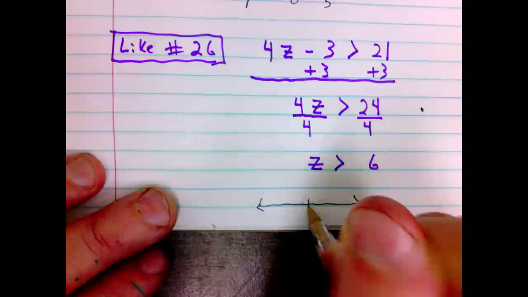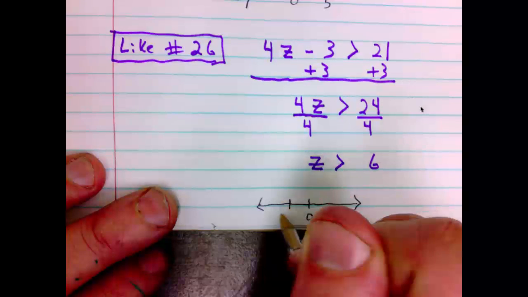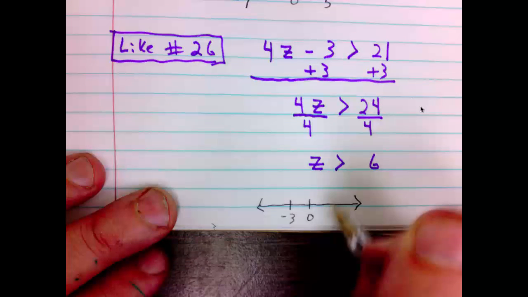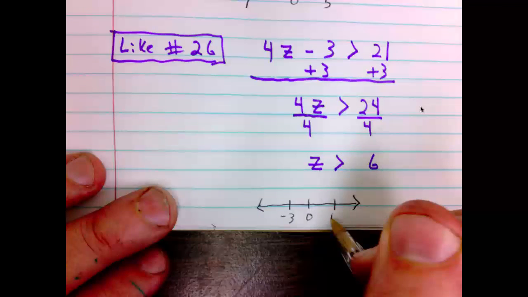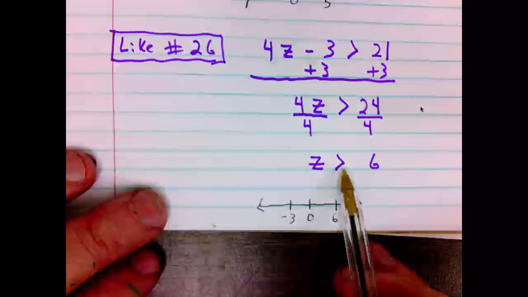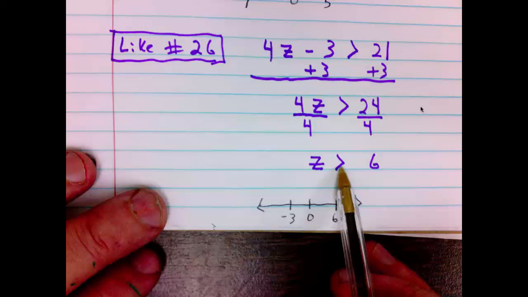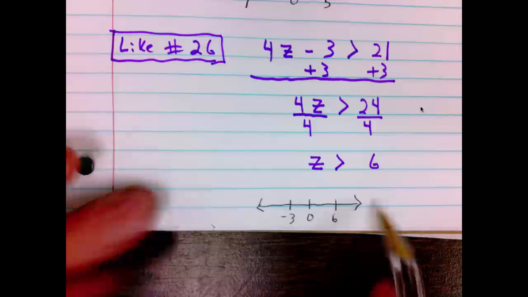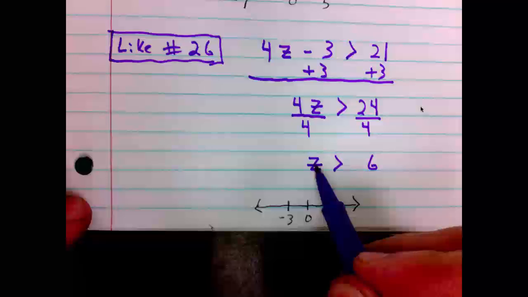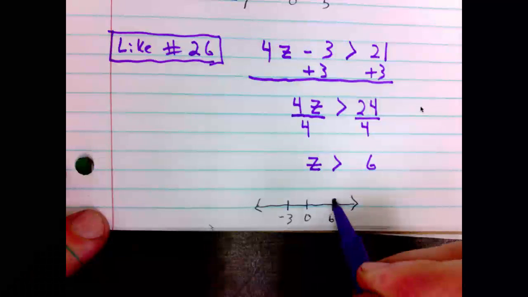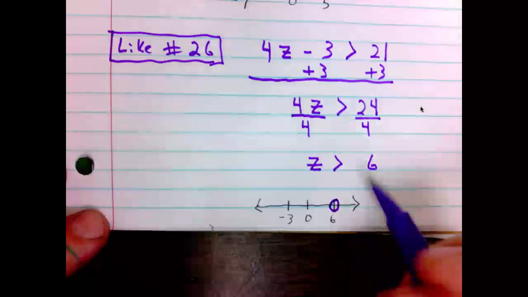Here's 0. Here's some negative number, and then we want positive 6, perhaps here. Notice this time, since we have greater than, the inequality appears to be pointing to the right. We're going to be shading to the right. Z is greater than 6. It can't be equal to 6, therefore this time we will have an empty point.